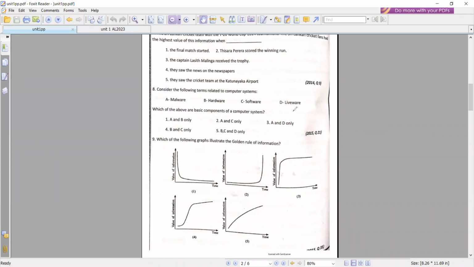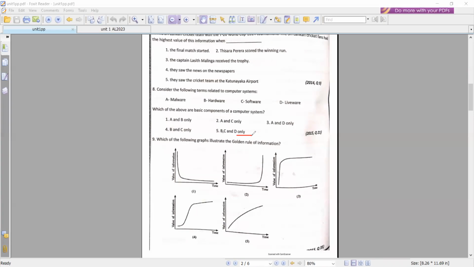Hardware means what we can touch. Software gives the instructions to the hardware. Liveware means people who are working with the computer. Which of the above are basic components of a computer system? Without A, that is malware, you can take all the others, that is B, C, and D.